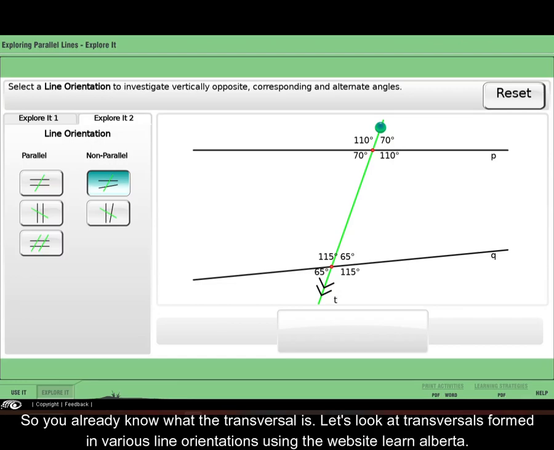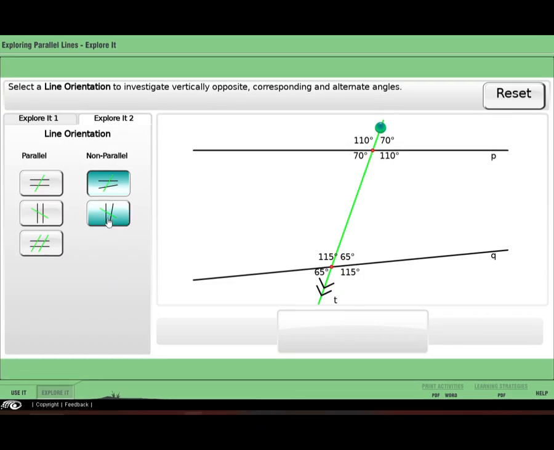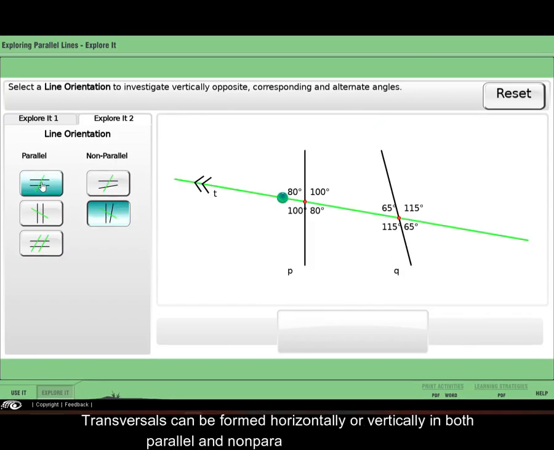Let's look at transversals formed in various line orientations using the website Learn Alberta. Transversals can be formed horizontally or vertically in both parallel and non-parallel line orientations.